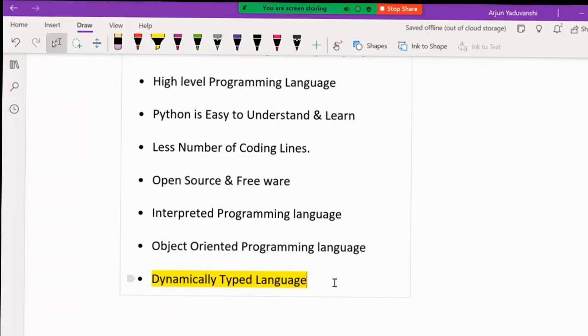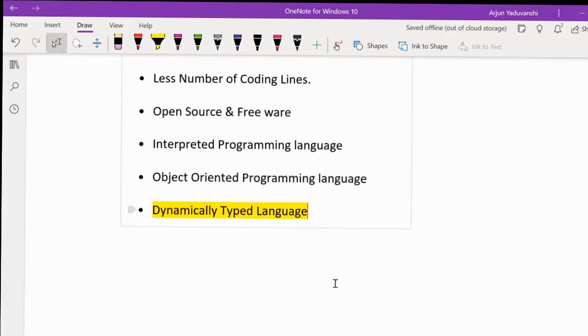Now you may ask me, what is great in that? Can't we do it with other programming languages? No, you can't do it with other languages. I will tell you why it is so important, how Python manages the memory, and why people use Python for big data and all this stuff. I will show you and explain how it goes.